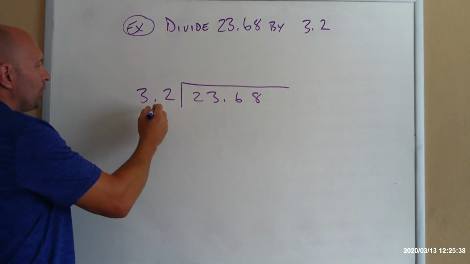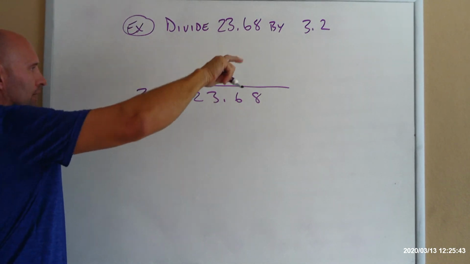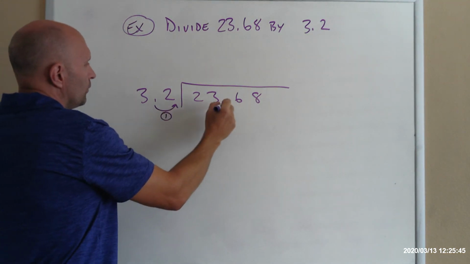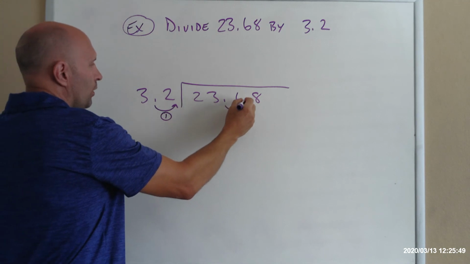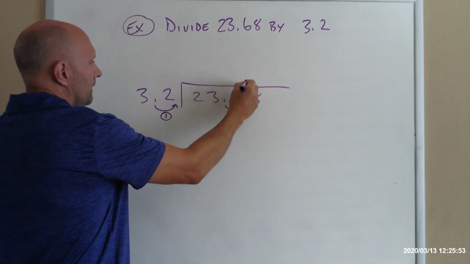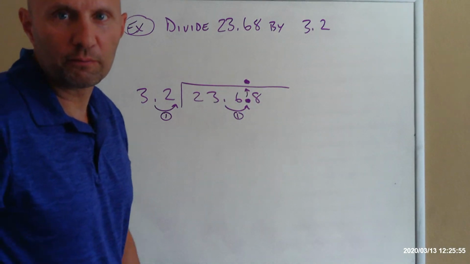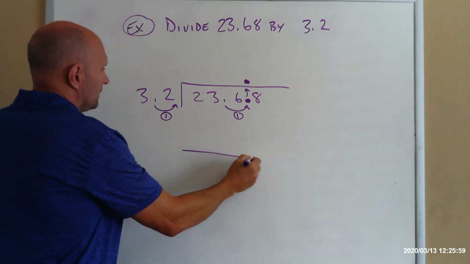So I want the number on the outside to be a whole number. So I need to move the decimal place one place to the right, which means I need to move it one place to the right on the inside as well. So the decimal now moves between the 6 and the 8, and that's where I put it in my answer. Just in the interest of time, I'm going to hurry up here.